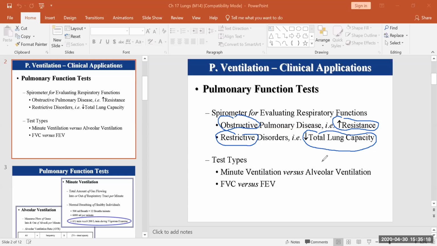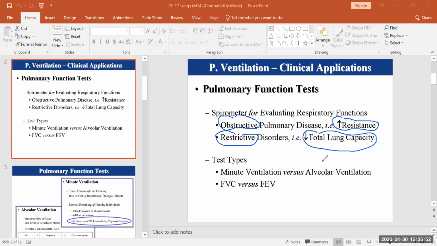So what are the exact conditions for these two? In the case of obstructive pulmonary disease, we talk about emphysema and chronic bronchitis, examples in a clinical setting, and they fall under what is called chronic obstructive pulmonary disease. You know that as COPD, right? So the COPD conditions basically involve an increase in resistance to airflow.